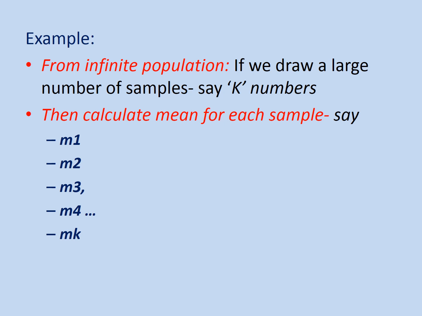Say in the first sample your mean is m1, in the second sample you have drawn from the infinite population, your mean is m2, in the third sample the mean is m3, in the fourth sample your mean is m4, and in the kth sample your mean is equal to mk.